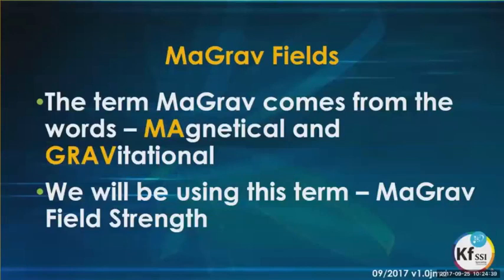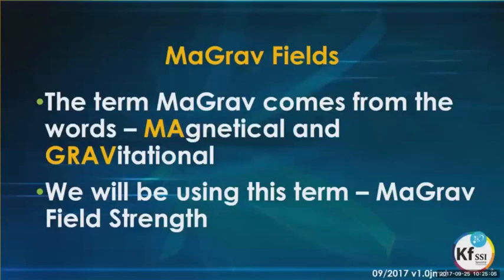And you need to understand what we are really talking about when we're talking about the maggrav fields. It comes from the 2 words magnetical and gravitational. And we will then be using this in terms of magnetic field strength of certain gans and certain plasmas. But we need to understand this concept.